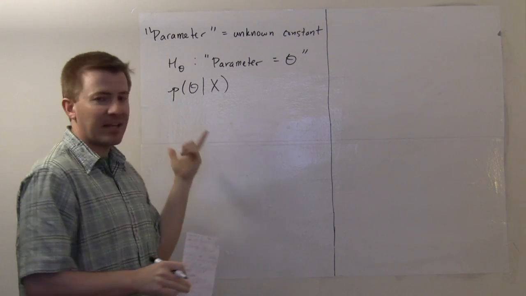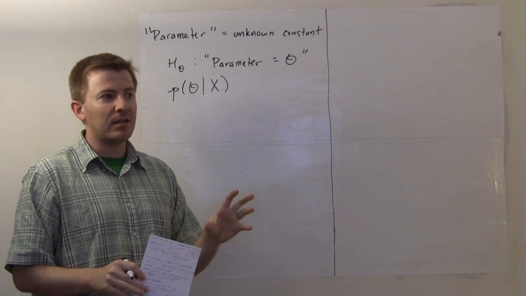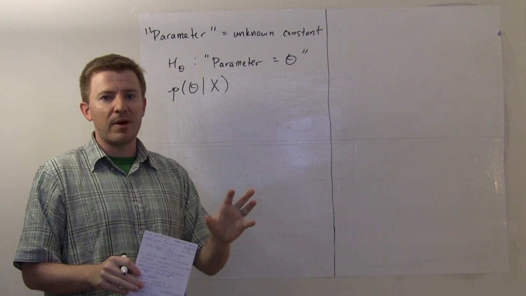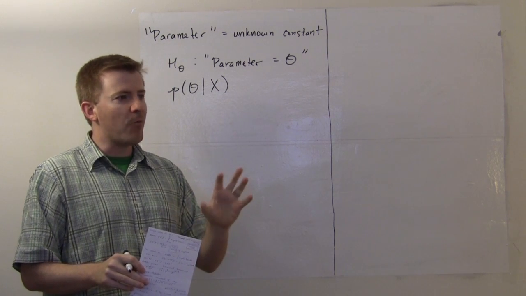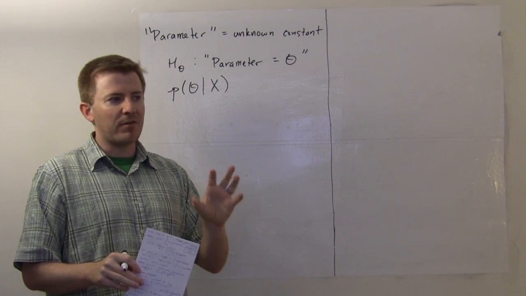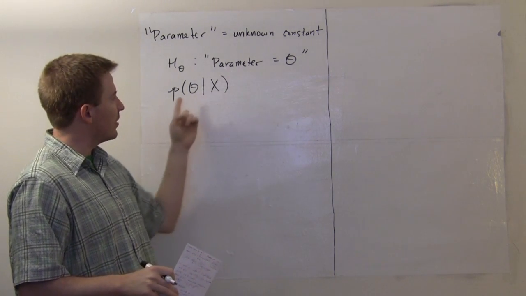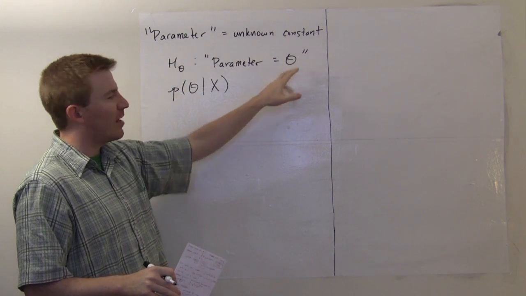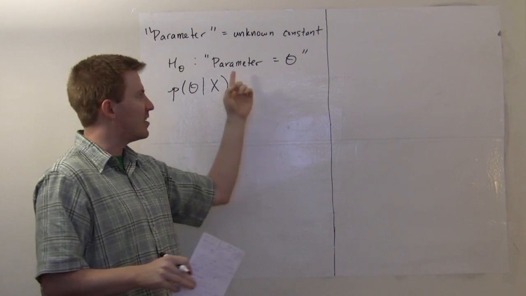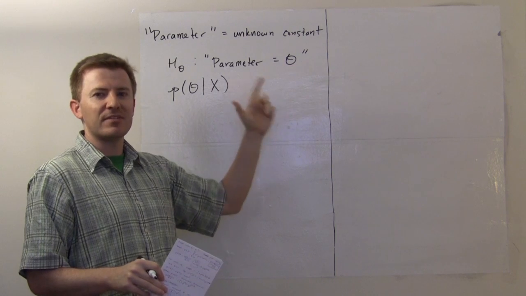Now this notation actually gets a little bit confusing, and unfortunately Jaynes is a little bit loose about this too, so hopefully in the context of a given problem it'll be clear. Basically the confusion comes about because we think of theta as being the variable and as being the particular value of the variable at the same time.